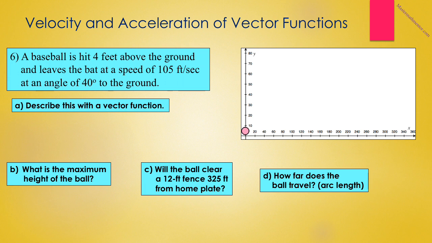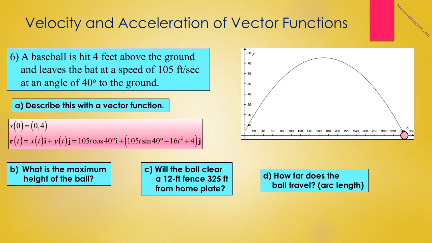First of all, we need a vector function that describes the situation. B, we need a maximum height of the ball. C, we would like to know whether the ball will clear a 12-foot fence that is 325 feet from home plate. And we'd also like to know how far the ball actually travels in terms of arc length.